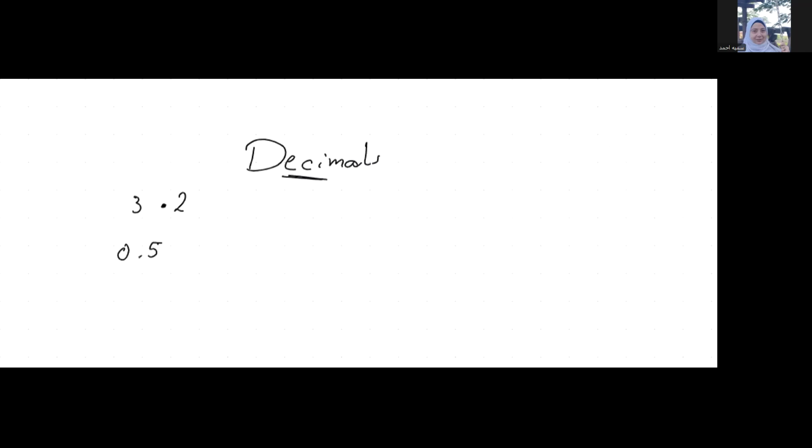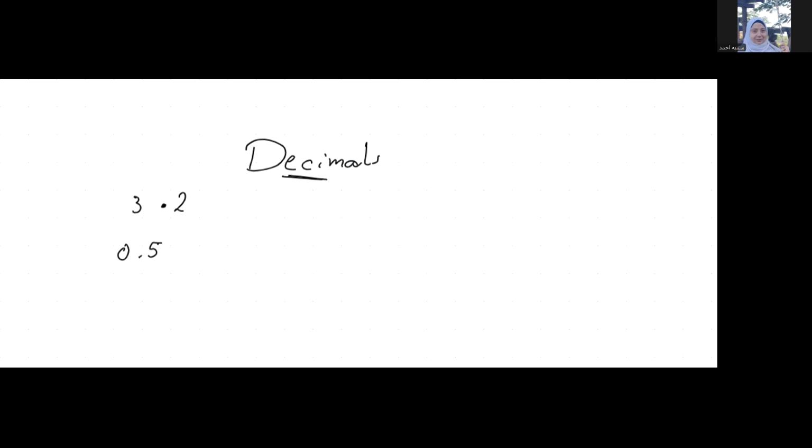These numbers are decimals. Decimals have denominator 10 and its multiples: 10 or 100 or 1,000 or 10,000 and so on. We learned up to denominator 100.